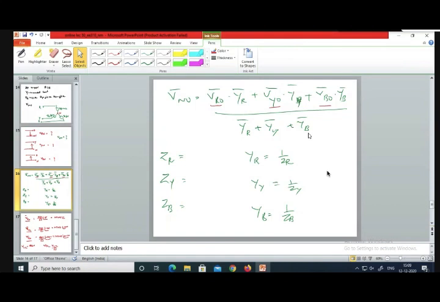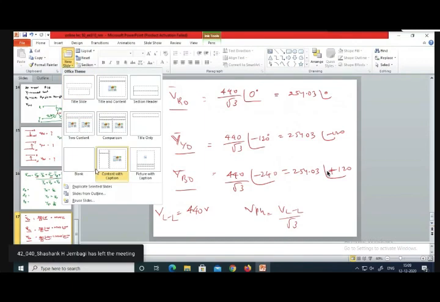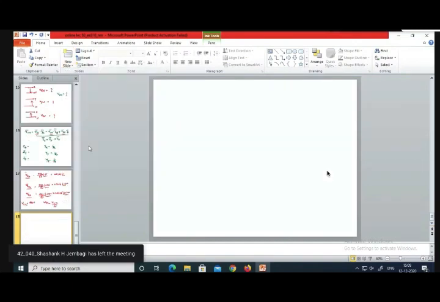So please be focused while you enter the data in the calculator. Clear? Now if you type these values in the formula for VNO, you will get the answer. Can somebody type and get the answer quickly? Or shall I write the answer?